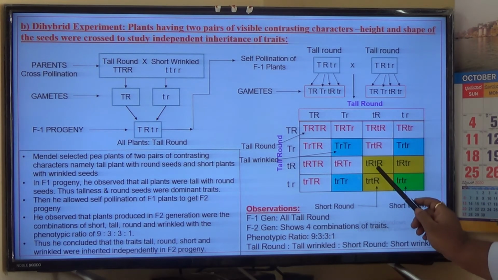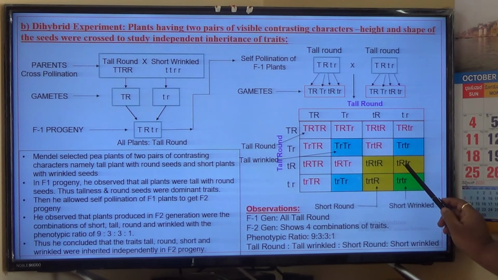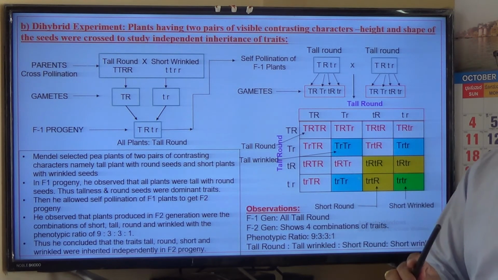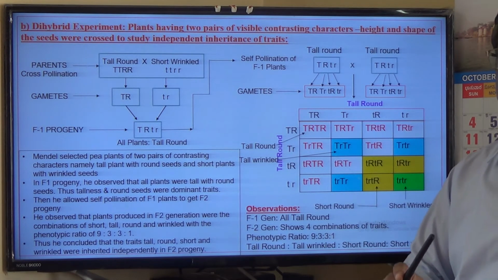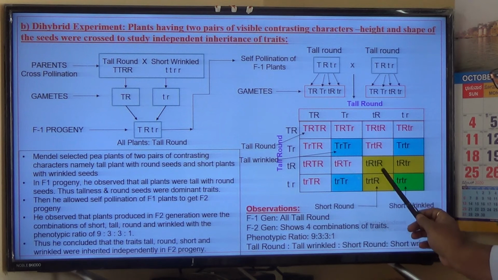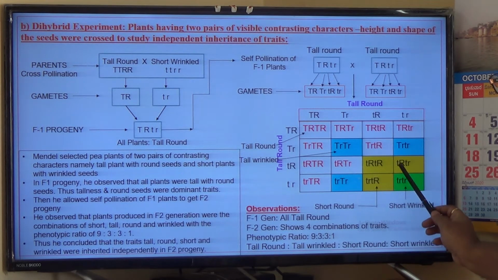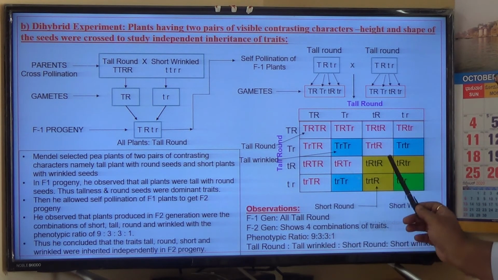Next comes small t capital R, small t capital R. We have capital R here, capital R here, capital R here. Meaning in all these 3 cases, capital R is the dominant trait for roundness and therefore round seeds. Is there a capital T? No. Is there a small t?